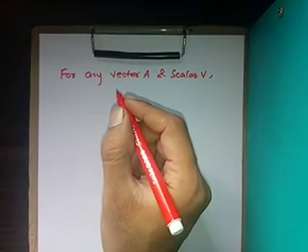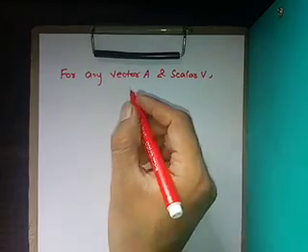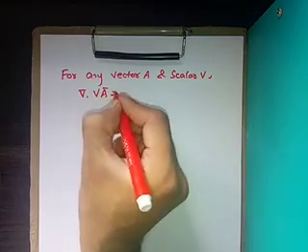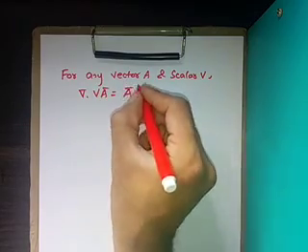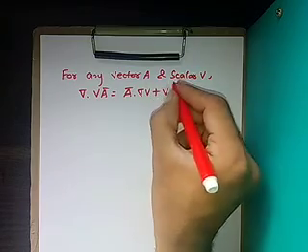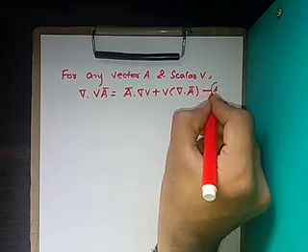There is a vector identity. So this vector identity is del dot of V A bar. This is equal to A bar dot del V plus V of del dot A bar. This is the vector identity.